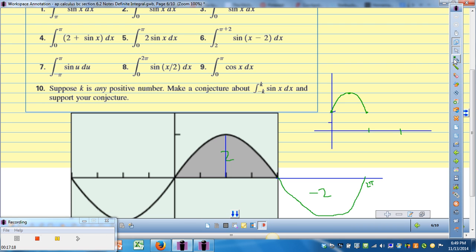So this region right here is that same region we've been working with from the beginning, so that is 2. But now we also have this rectangle that has formed in the area underneath the function that was shifted up. So our area is going to be 2 plus the area in this region.